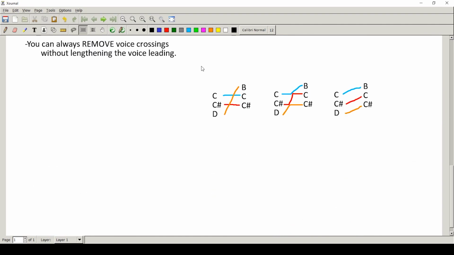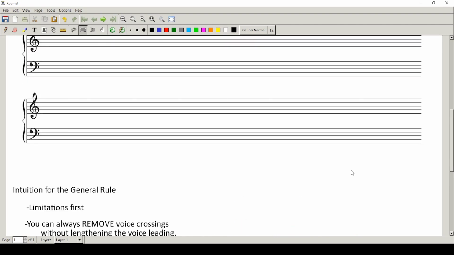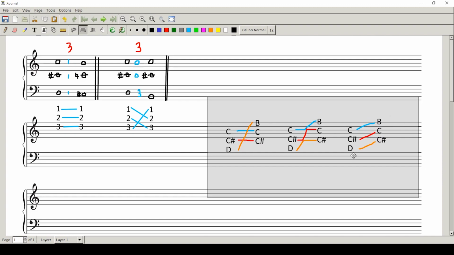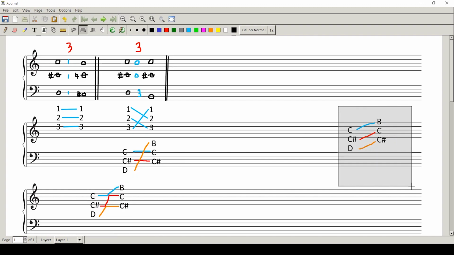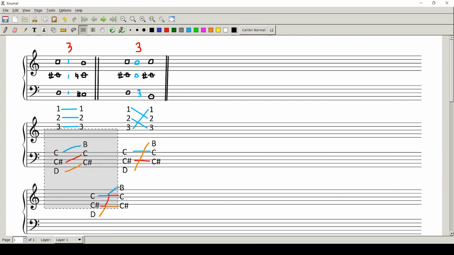So in other words, all of this is where we started, but in reverse. There's this thing right here with the crossing, and we said, let's remove the crossing and simplify so that we get this. And the rule tells me that I can remove crossings without making the distance traveled any larger. That's exactly what we see, a distance of 3 and a distance of 3.